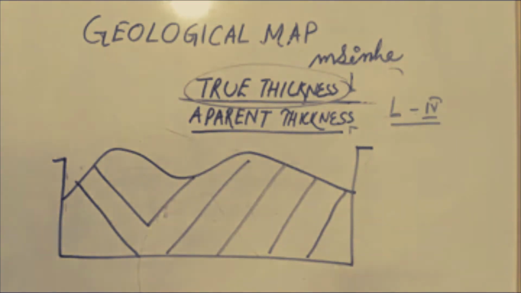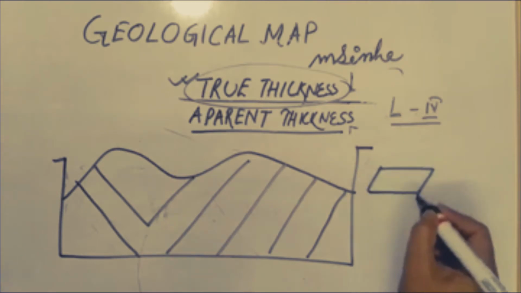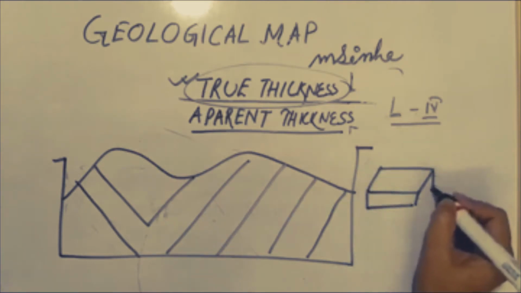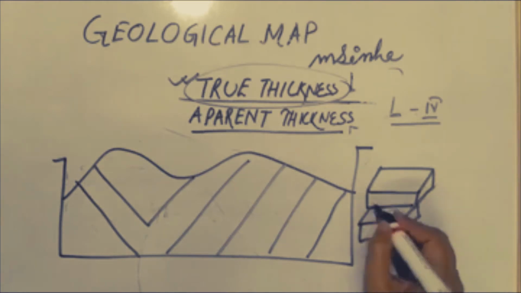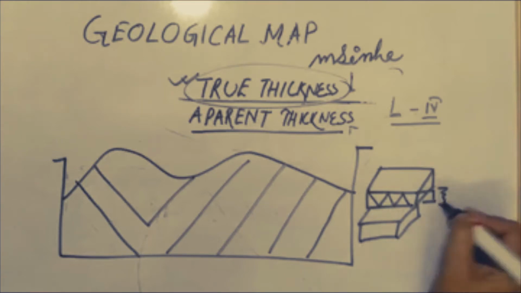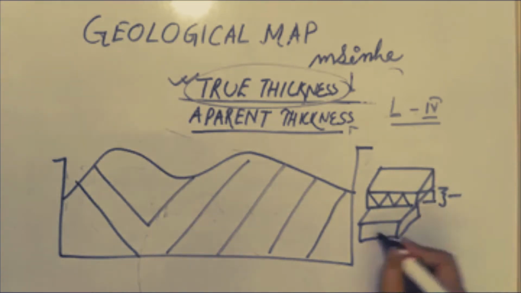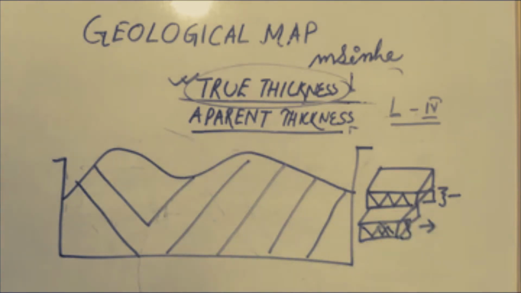First, let us come to the point of true thickness, that is the actual thickness. What is the basic principle of thickness? Suppose these are the beds. This linear distance is known as thickness.